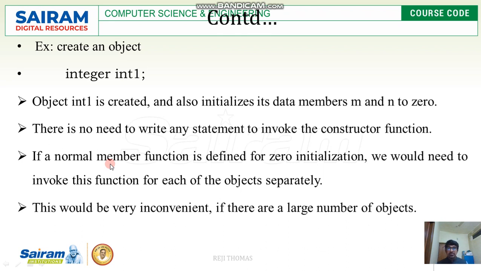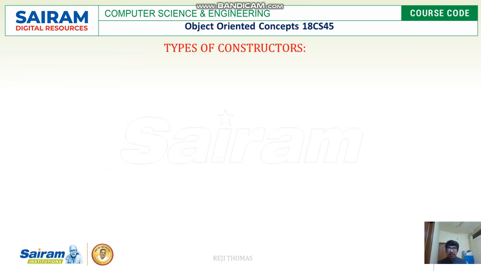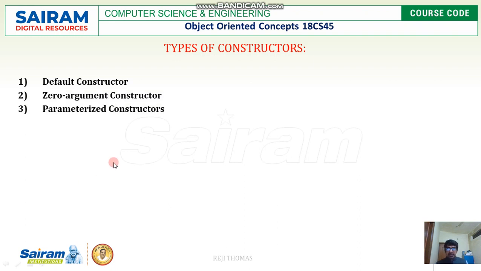The solution is the constructor. There are many types of constructors: a default constructor, a zero argument constructor, a constructor with parameters, an explicit constructor, and copy constructors. Let us see all of these one by one.